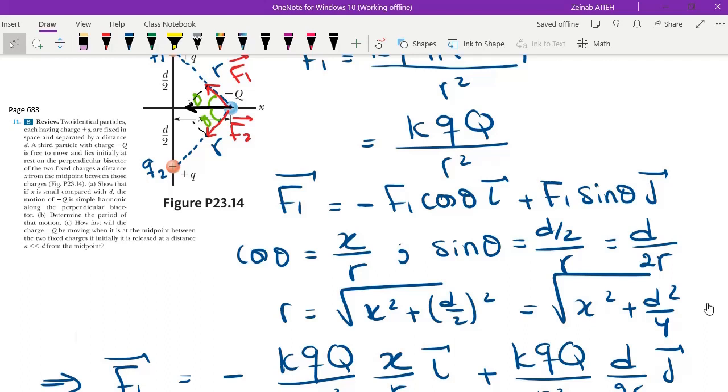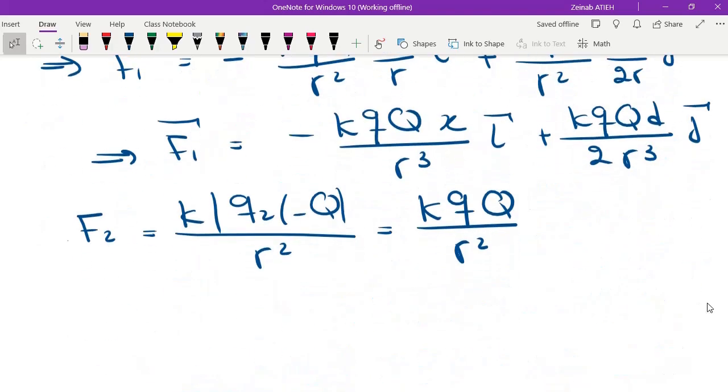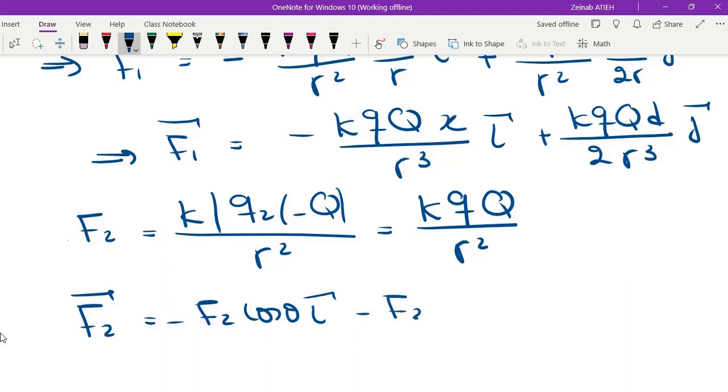After I draw it, now I do the projection. If I want to do the projection, I will look: x-axis will come out negative, y-axis will come out negative. So I can write f2 like this. So f2 is equal to minus f2 cosine theta i minus f2 sine theta j.